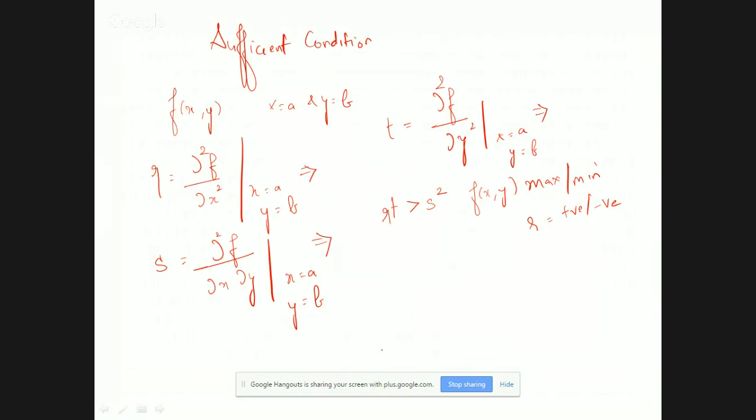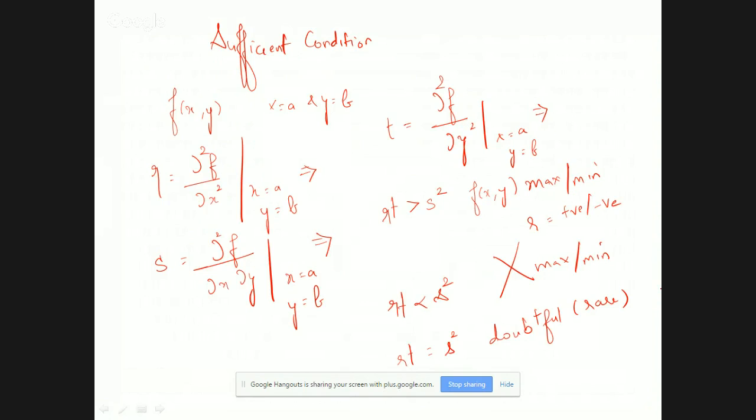We will go deeper inside that. Next, if r t is less than s square, then such a function will not have maxima or minima. Suppose r t is equal to s square, it is doubtful that such a function will have maxima or minima. It's a very rare case.